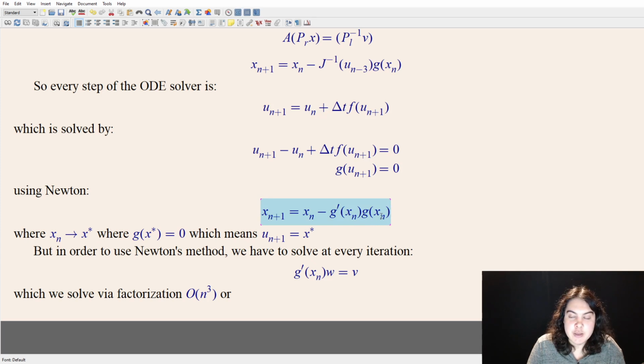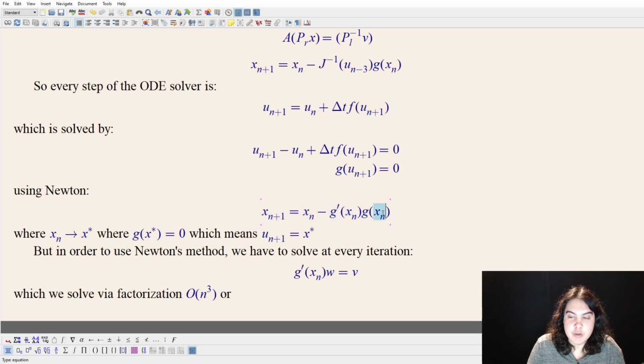means that you have a better chance for this Newton method to converge. The other thing is that if your best guess for the x0 is closer to x star, then you have better stability. That's another thing you're looking at in the homework. Well, if delta t is very small, then u n plus 1 is very close to u n.